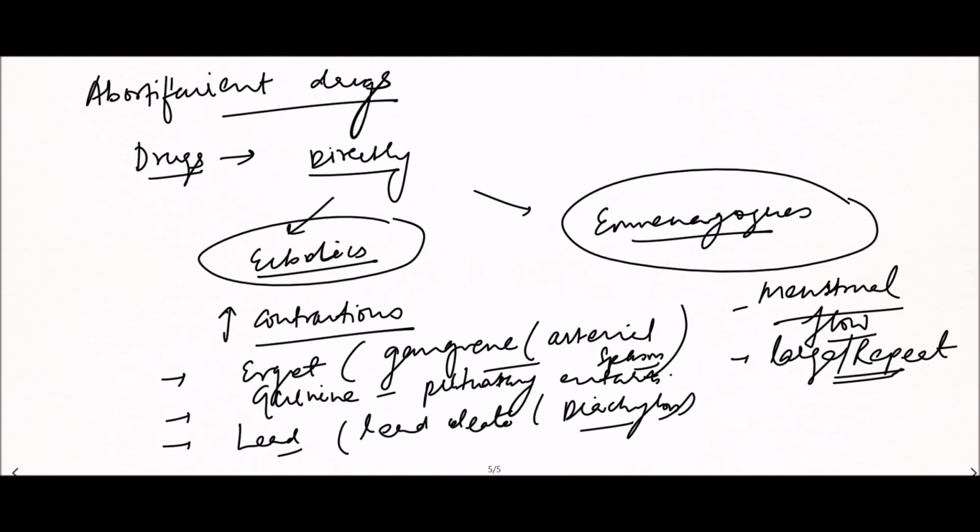The chief emmenagogues commonly used are Savin, borax can be used. Now apiol can be used. Estrogen itself is responsible for increasing menstrual flow. Now, sanguinarine.